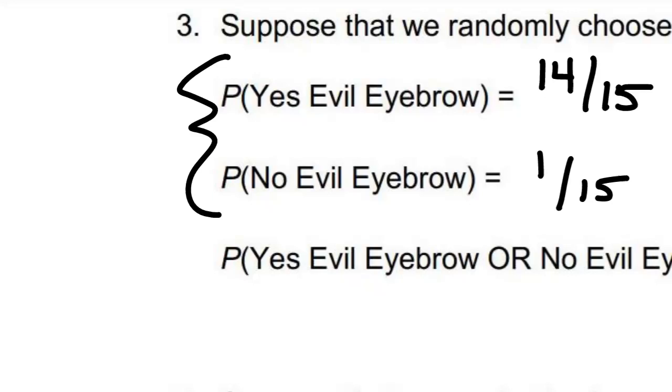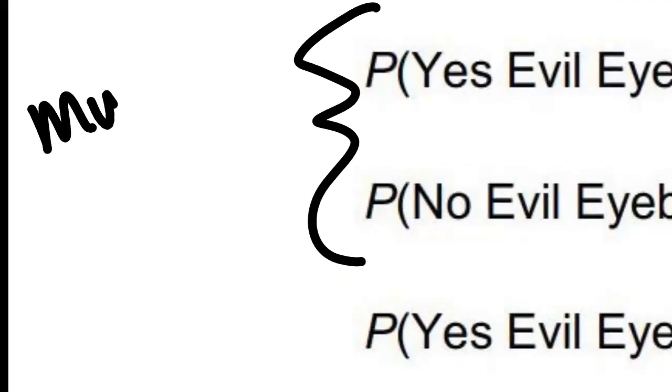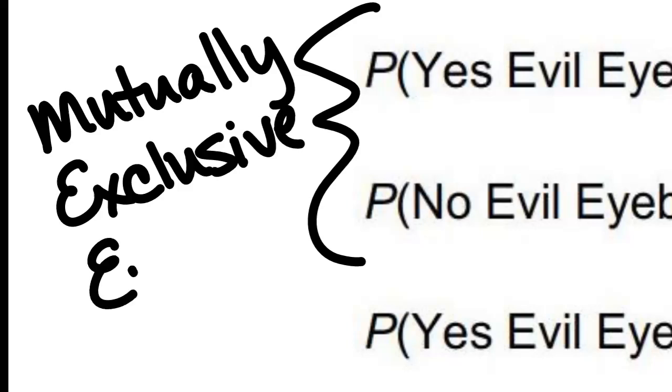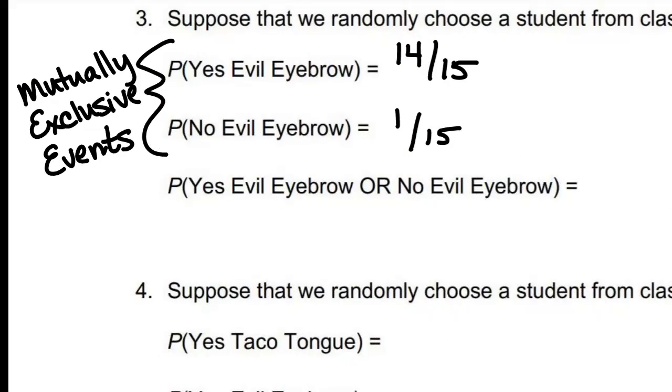These are mutually exclusive events. There was nobody in the room that could go in both of those categories. You had to pick one. You either can or you can't.